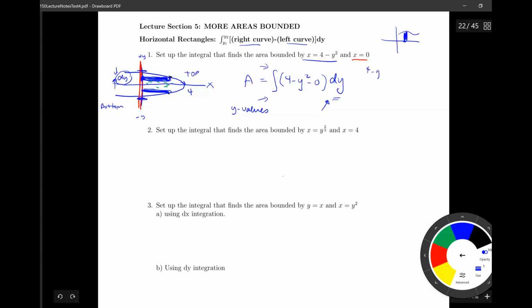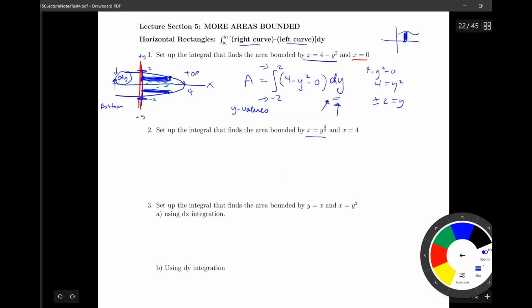So 4 minus y squared equals 0, 4 is y squared, so plus or minus 2 are the limits of integration. I start building rectangles down here at -2, and I end building rectangles up here at 2. That is the reason I'm going to encourage you to put dy here first, so you can see what kind of limits of integration we need.